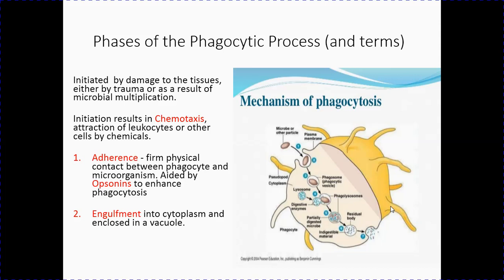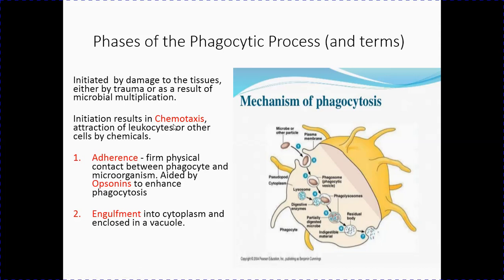The phases of phagocytosis: after damage to the tissue by either trauma or microbial multiplication, phagocytosis is initiated. The initiation results in chemotaxis, the chemical calling for cells to come to the area, the attraction of white blood cells and other cells by chemicals.